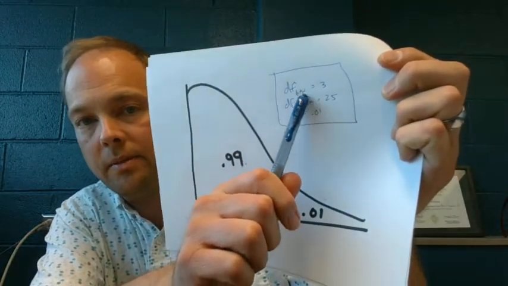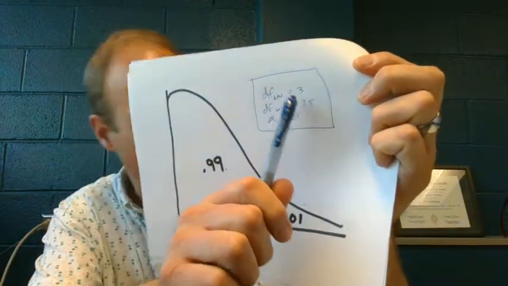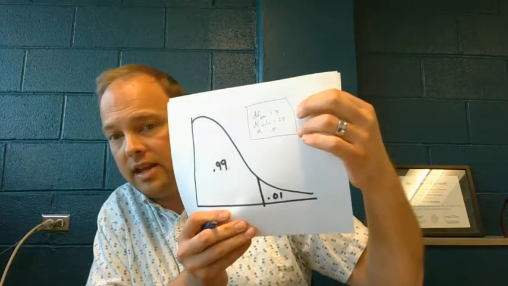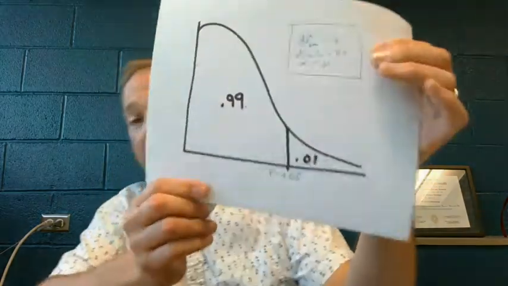Our legend is, let's see, degrees of freedom between equals 3. Degrees of freedom within equals 25. Alpha level equals 0.01. That's our legend. Degrees of freedom numerator of 3, degrees of freedom denominator of 25, and an alpha level or critical region of 0.01. All that information in the legend led us to a tabled F value of 4.68. That's how that would look.